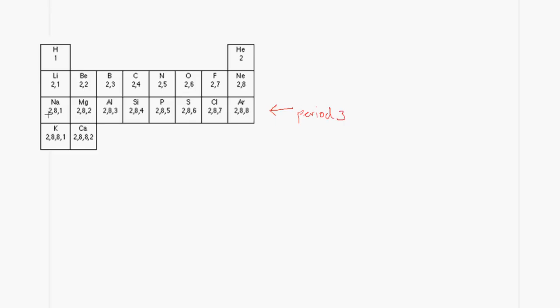Notice in electronic configuration we have 3 numbers. This is period 2. Notice we have 2 digits for each electronic configuration. And like I said before, the last number will tell you what group it belongs to. So this belongs to group 1, this belongs to group 2, this belongs to group 3.